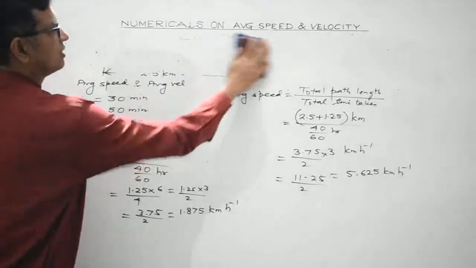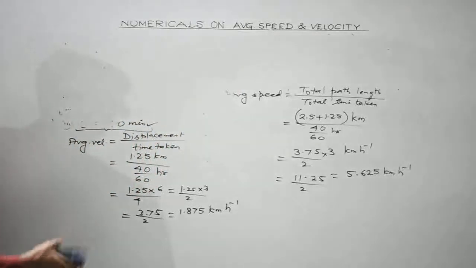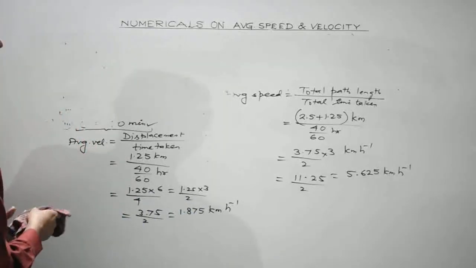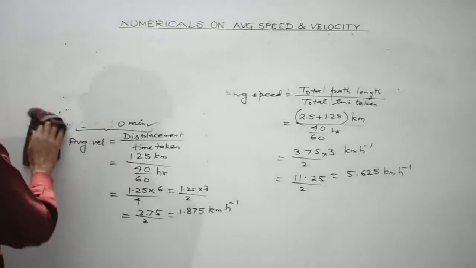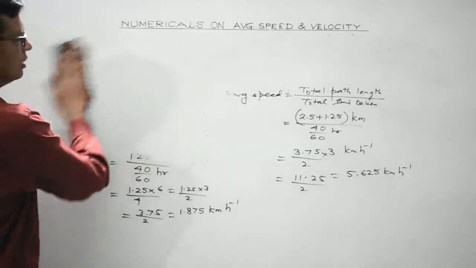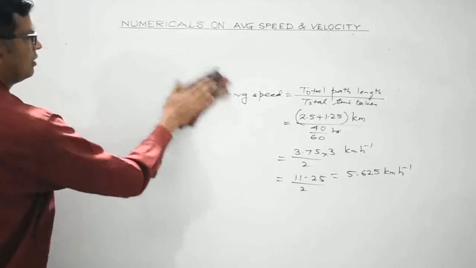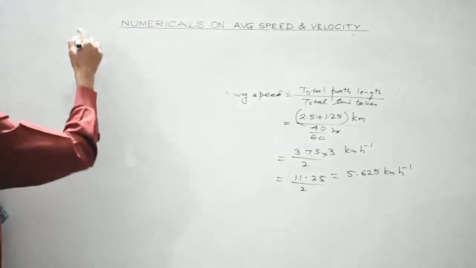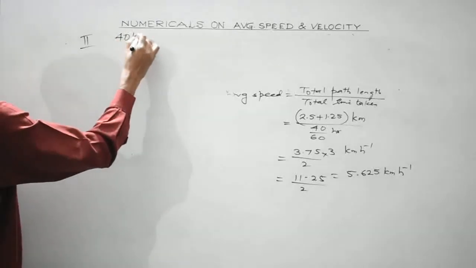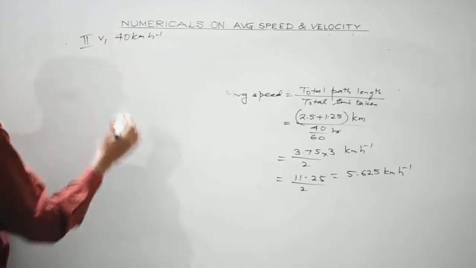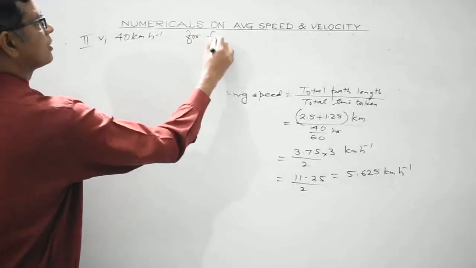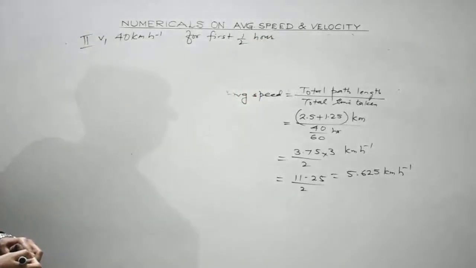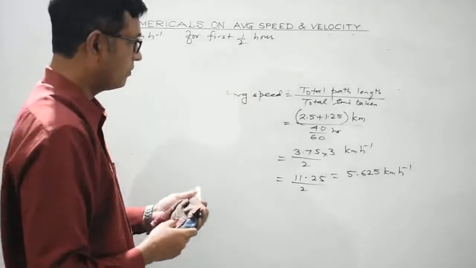Let's consider a second numerical. A simple one, relatively a simple number. Okay, my question is, a person drives his scooter with a speed of say 40 kilometer per hour for first half an hour. Again, I am repeating the question.